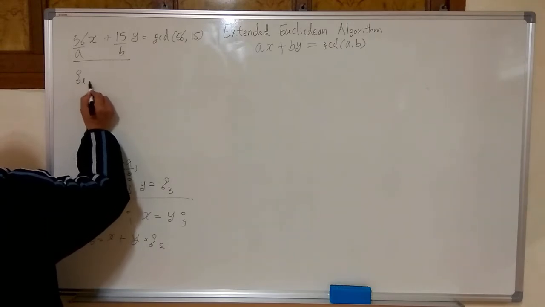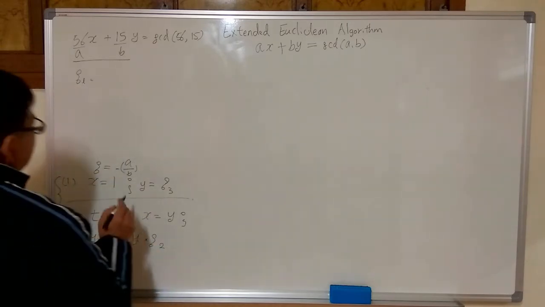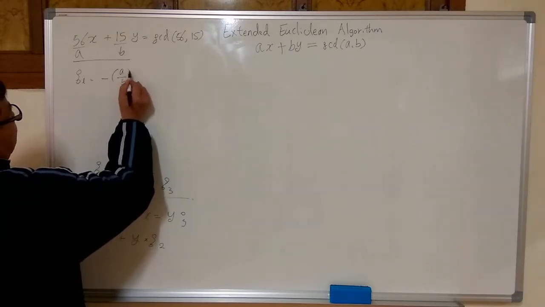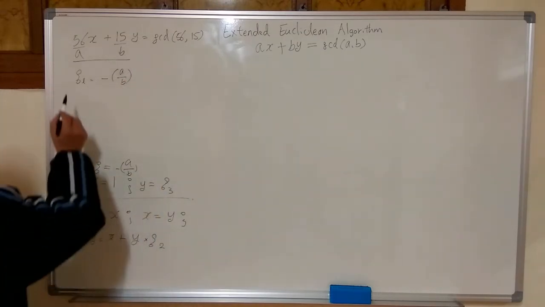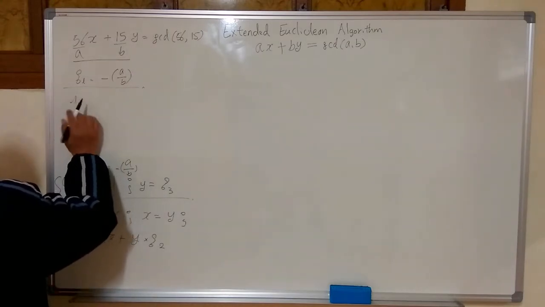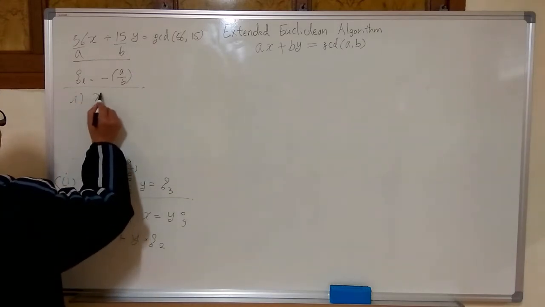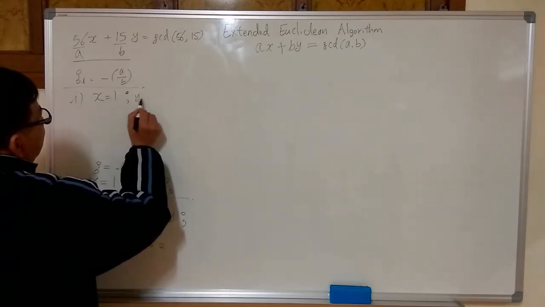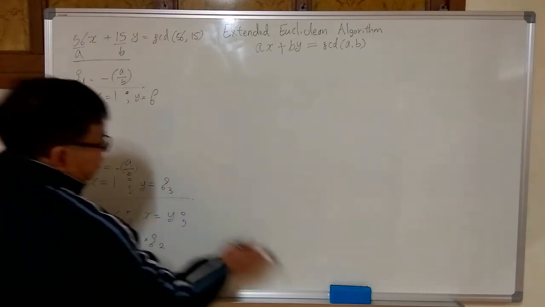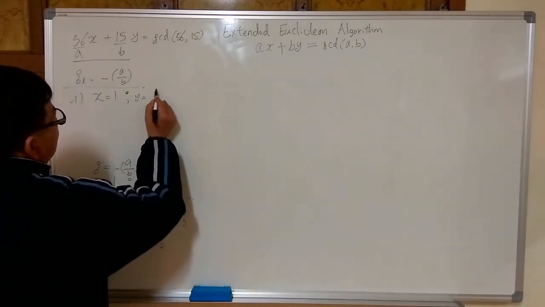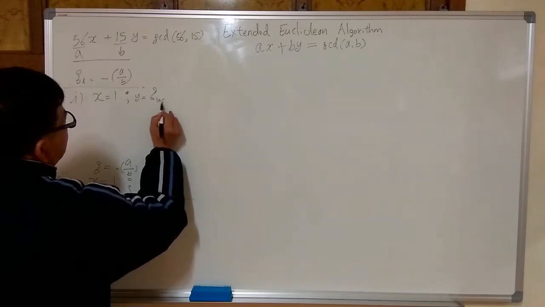Qi would be computed as minus A, B over A, and initially X will be 1, and Y will be Q, the last element, Q last.